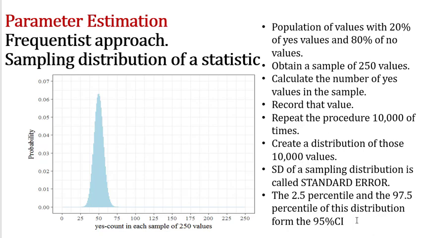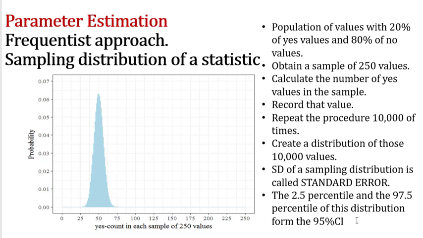Now, there are problems with this procedure, and because of these problems, people are using different approaches. But still, the frequentist or traditional approach is the most popular, and that's why I explain it.